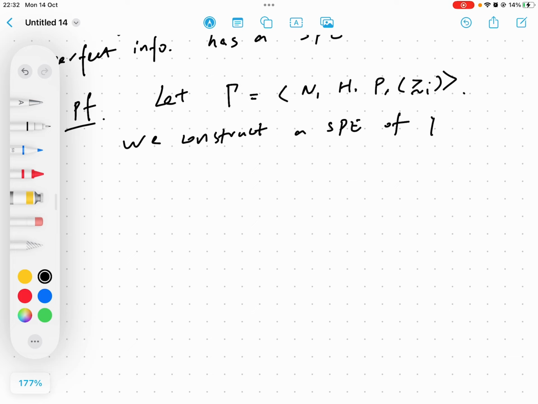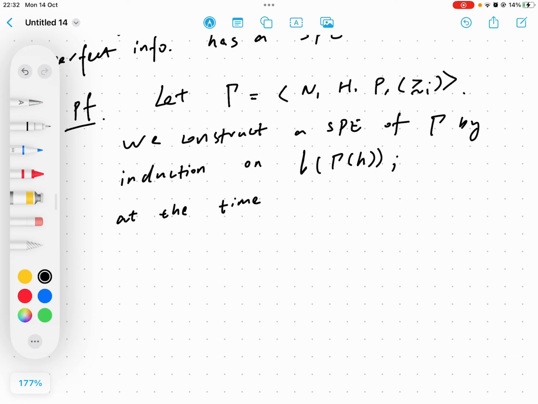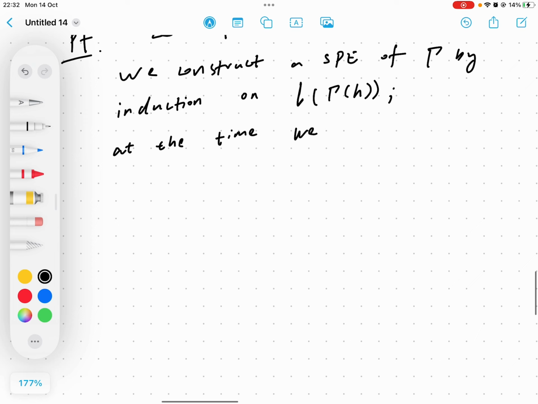of this gamma by induction on the length. Okay, remember this is L, the length of a game with some history H. At the time, we simply define a function.